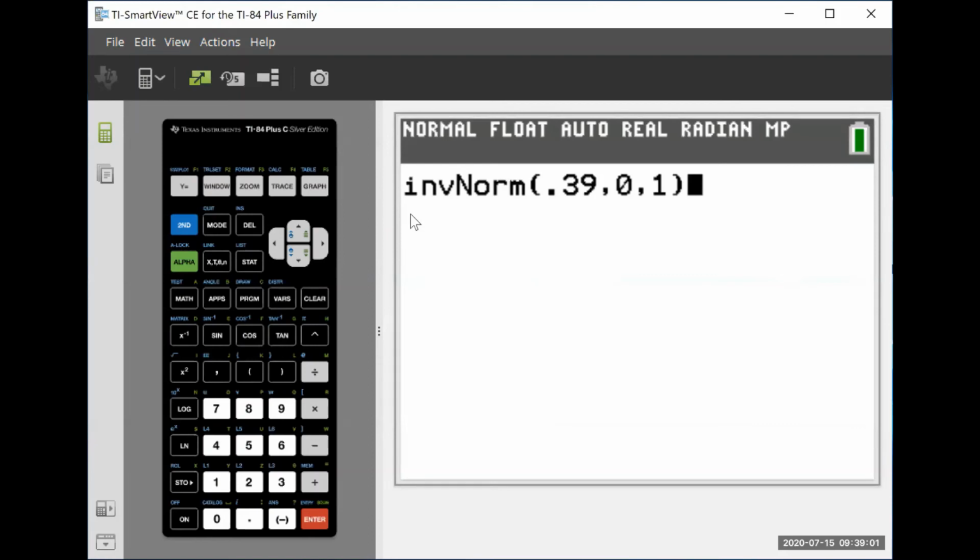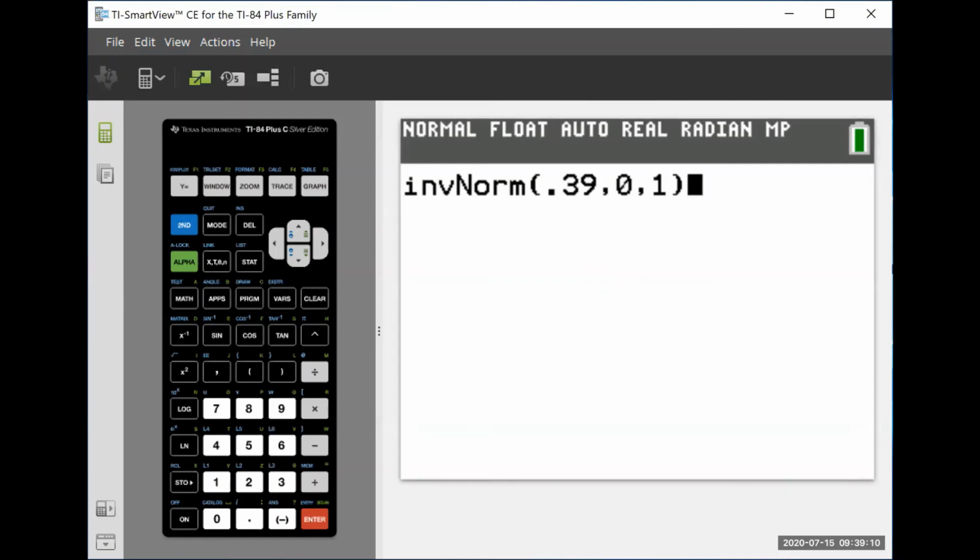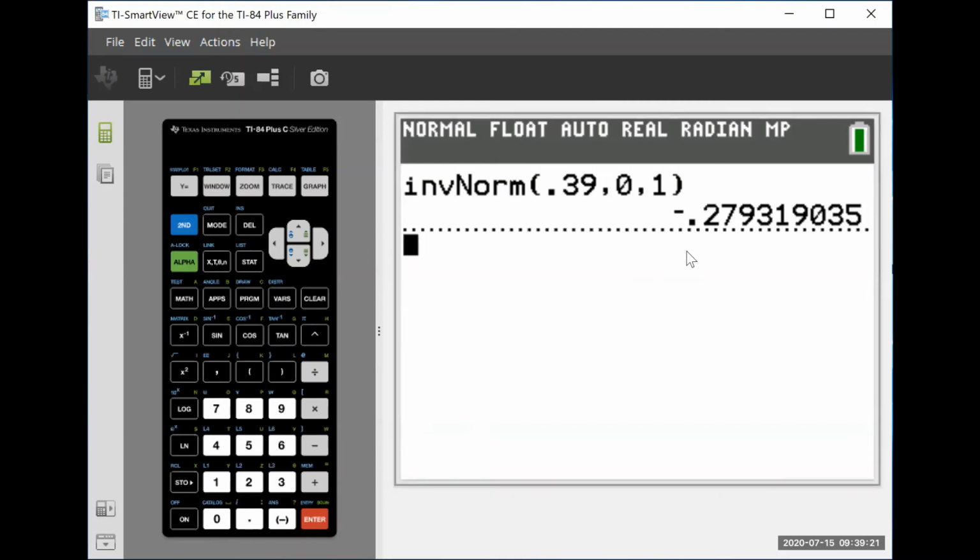This is exactly what we wrote down on paper. Then hit enter to see the result. When you hit enter, you get a negative value, and that makes sense because you have 0 in the middle. So let's first write this on paper. This is equal to negative 0.2793.